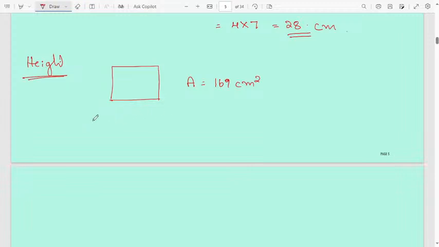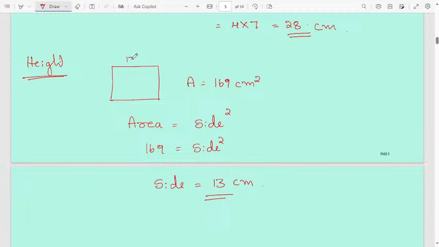Then here, what is the formula to find out the area of a square? Area of a square will be equal to side square. Then area is 169, then side square, then this side will be equal to 13, because 13 square is nothing but 169.